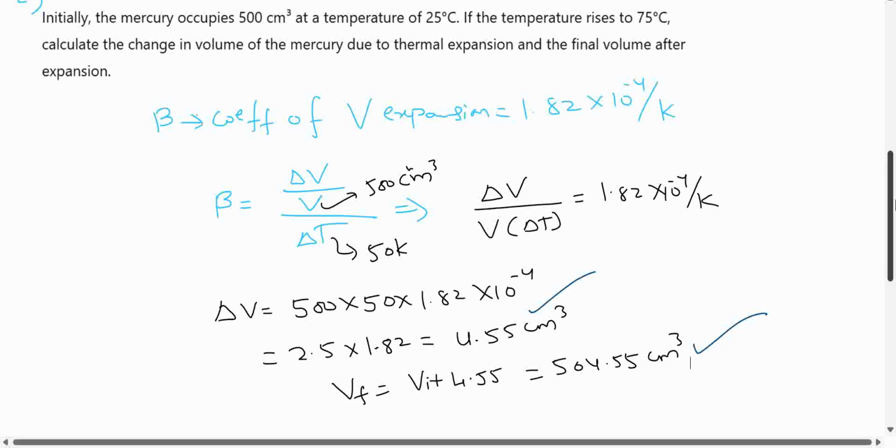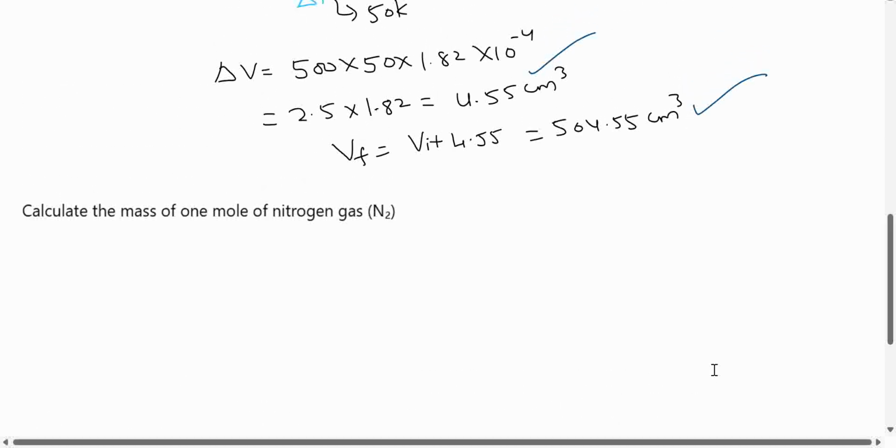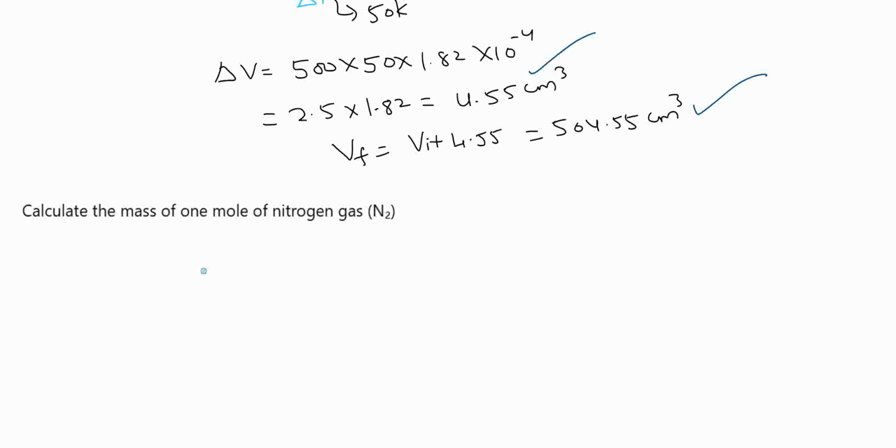Next, let's go to another problem. Here we are asked to calculate the mass of 1 mole of nitrogen gas. 1 mole of N2 consists of 2 moles of N atoms.